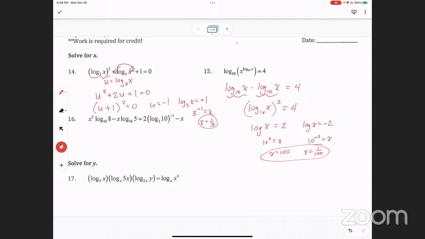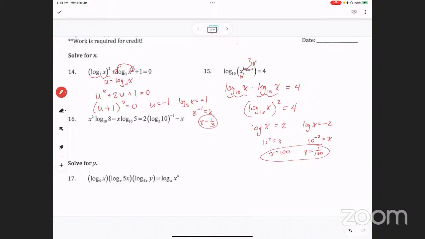And if you plug it in, we can just manually plug it in. In fact, up here, if I plug 10 squared in here, 10 squared would be there and 10 squared would be here. They'd be in both places. Log base 10 of 10 squared is 2. So this is just 100 squared.